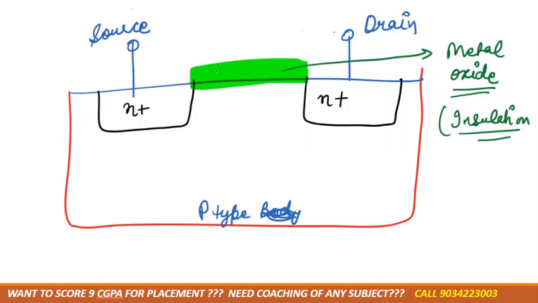Insulation means we are providing an insulating layer so that current cannot move directly from drain to source or from source to drain. So that's why we put an insulating layer of metal oxide over here. Understood? Then we connect this one with the... tell me, any doubt up to here?